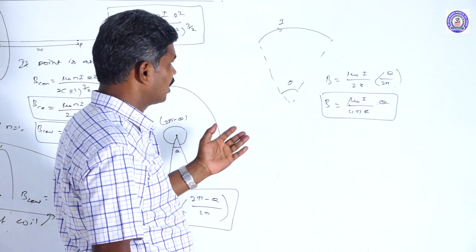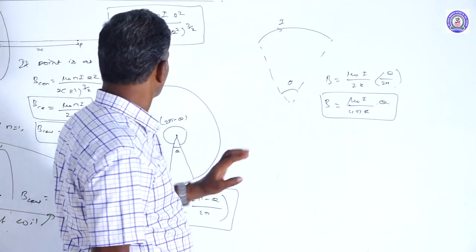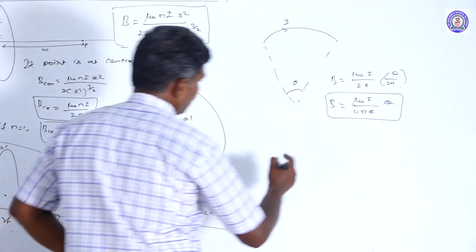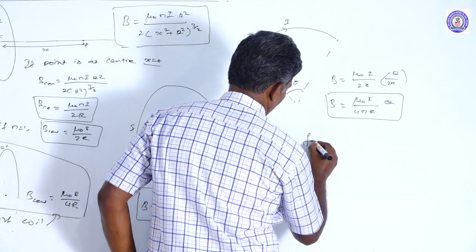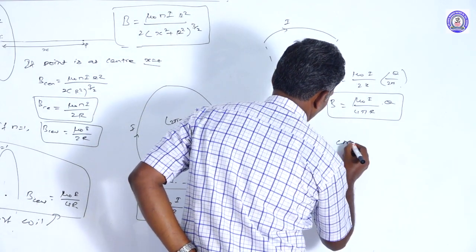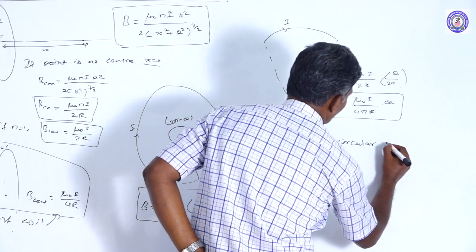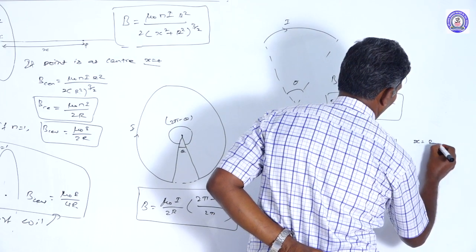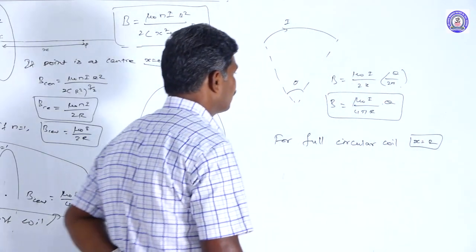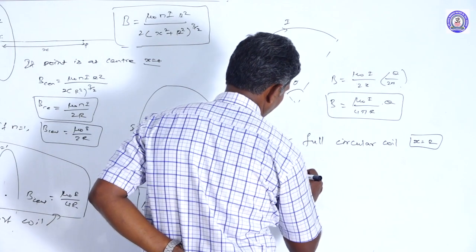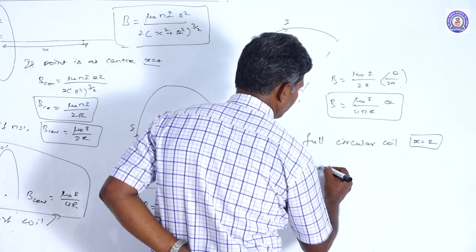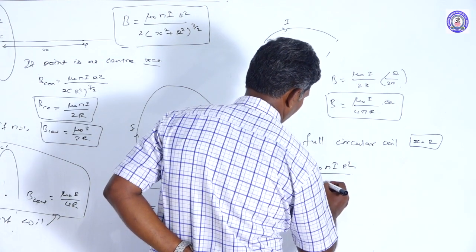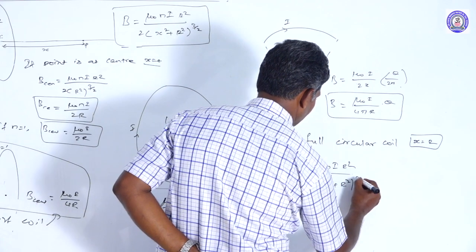Then suppose the x distance is taken equal to r for a full circular coil, x is equal to r. The general formula is B is equal to mu naught N I r square divided by 2 into x square plus r square power 3 by 2.